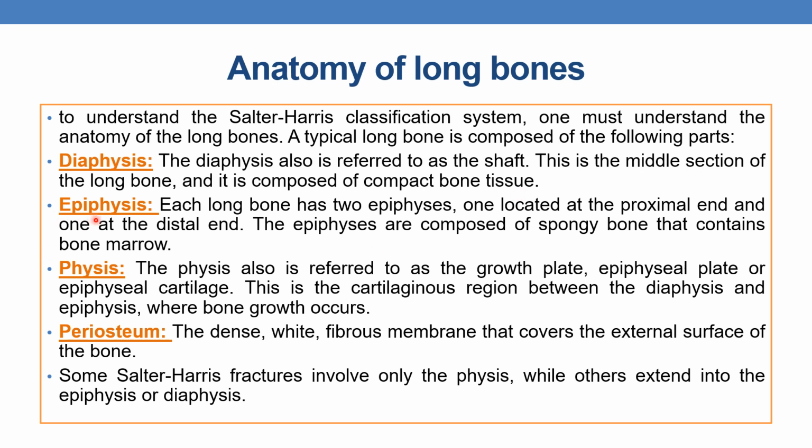Coming to epiphysis, each long bone has two epiphyses, one located at the proximal end and the other at the distal end. The epiphyses are composed of spongy bone that contains bone marrow. Coming to physis, the physis is also referred to as the growth plate, epiphyseal plate or epiphyseal cartilage.